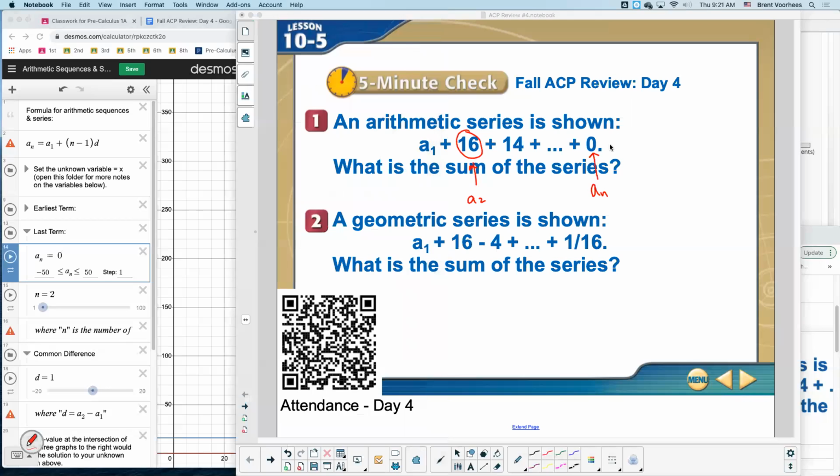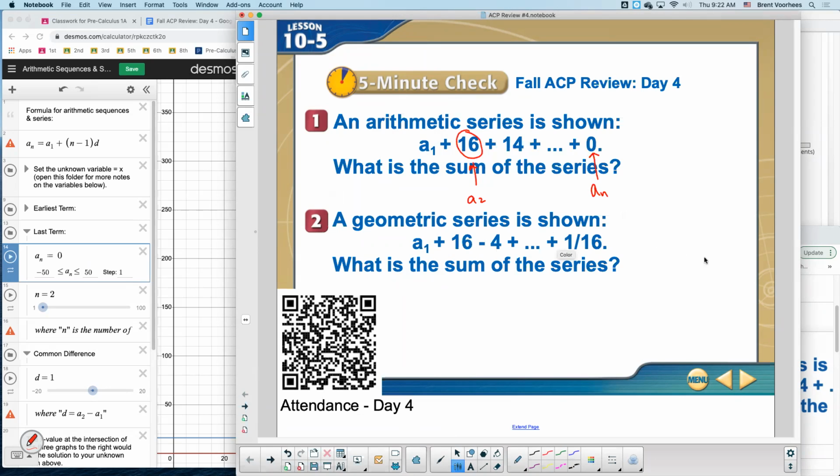So our last term is 0. Do we know how many terms are there? Can we just say that's 1, 2, 3, that's the 4th? What's your guess? Is that going to be the 4th term?